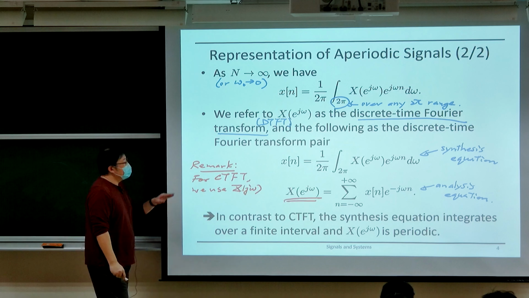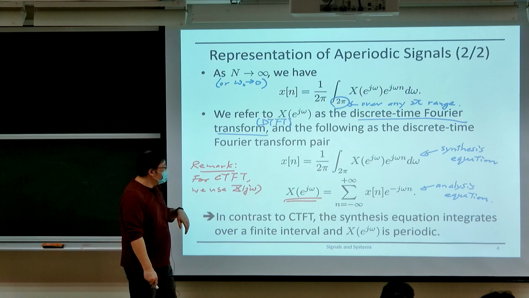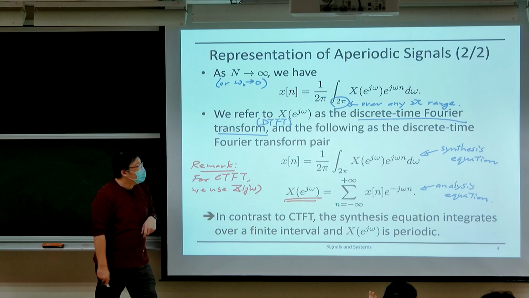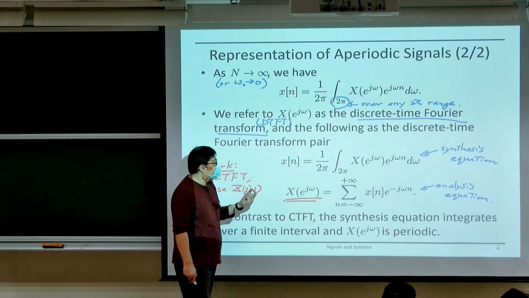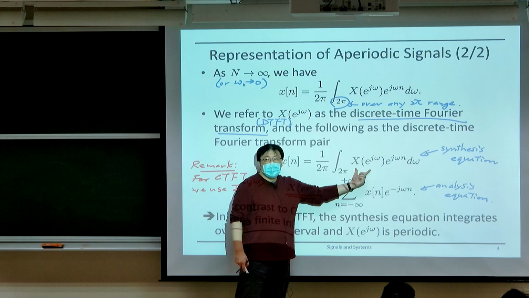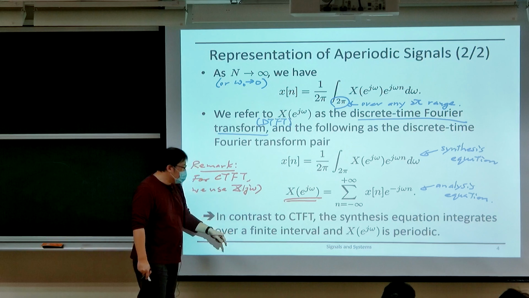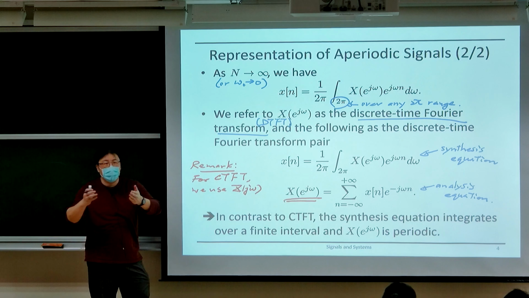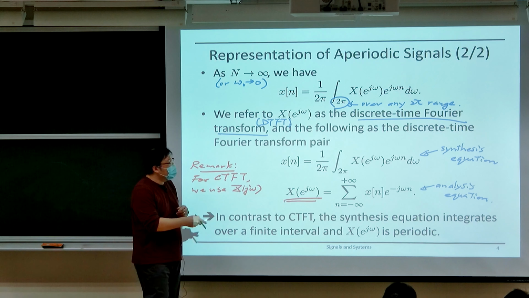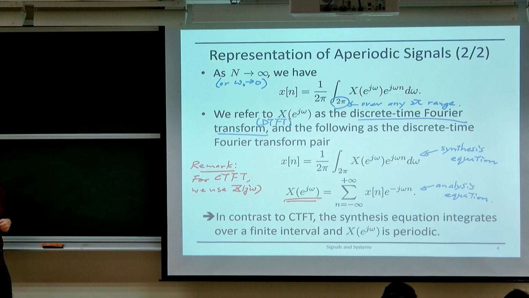So this is comparing with the periodic case. Now, if you compare with the continuous time case, the difference is that for discrete time, the spectrum is periodic, so you're integrating over only one period, whereas in the continuous time case, you're integrating over the entire range of omega from minus infinity to infinity.